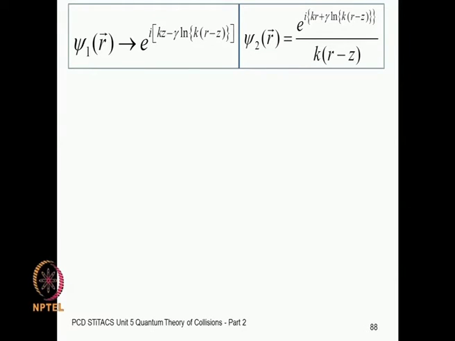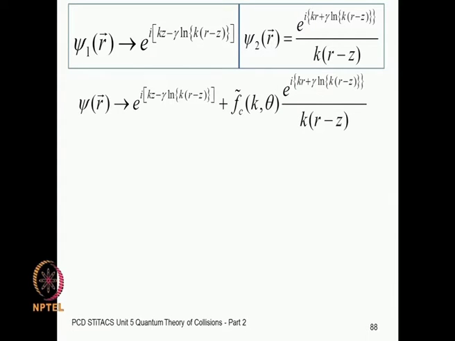So now these are the two solutions that we have, and the complete solution we can write as a superposition of these two scaled by some appropriate factor which will have the information of the scattering amplitude that we are looking for. It will have energy dependence, it will have theta dependence, and I have written this factor which takes the role of the scattering amplitude, but it is a matter of notation.